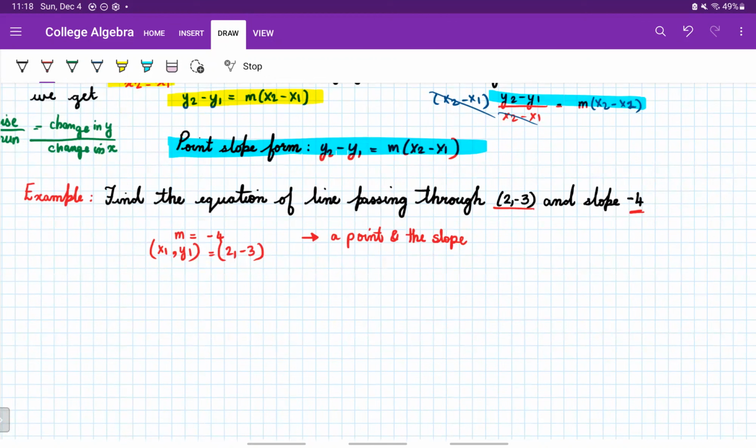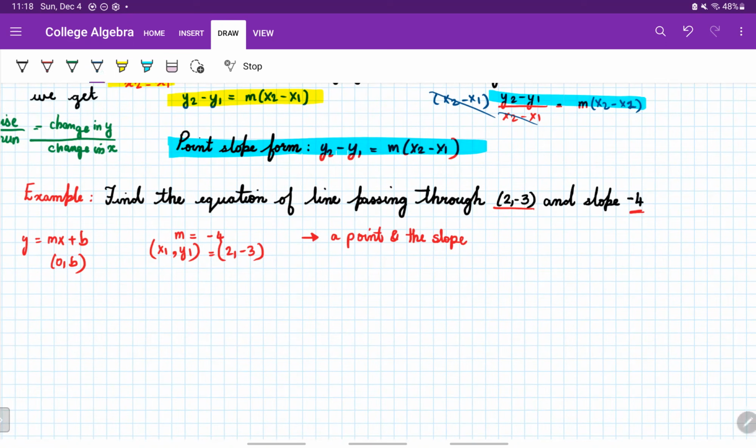In the last video, we used the equation y equals mx plus b, where we had to find our intercept, which is (0, b), and we used m and a point. Here we'll be doing something similar, but now we'll be using the point-slope form instead of the slope-intercept form.